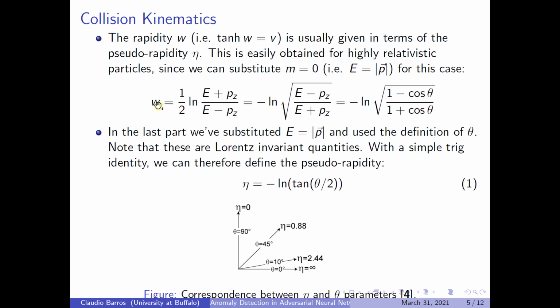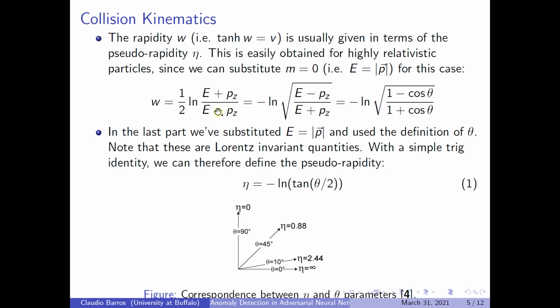And for this case, another expression for the rapidity in terms of logarithms is the log of the energy plus the momentum along the z direction in the numerator, and in the denominator, E minus pz.